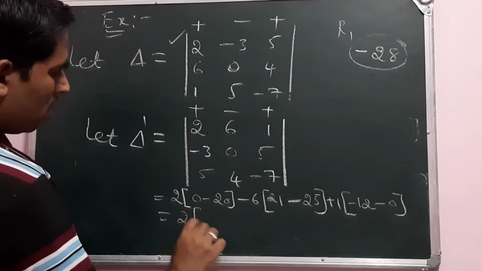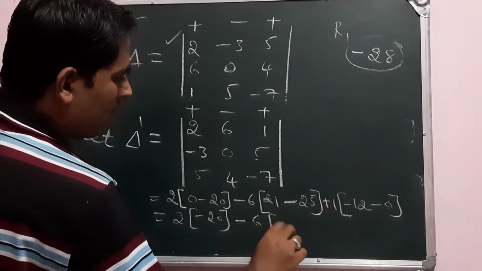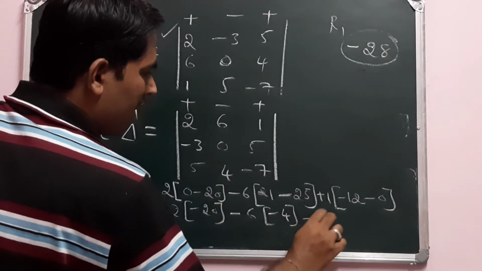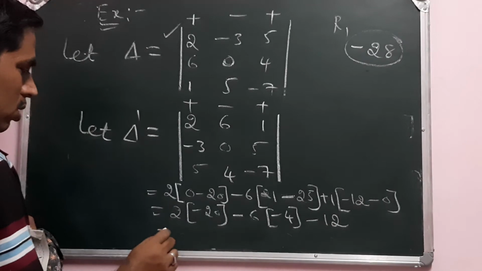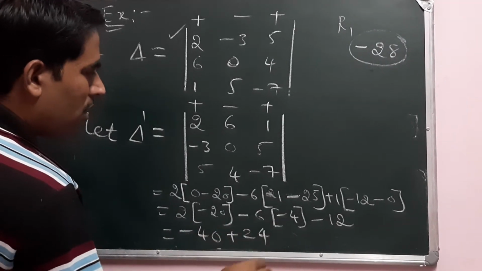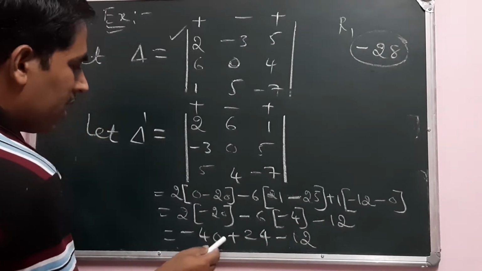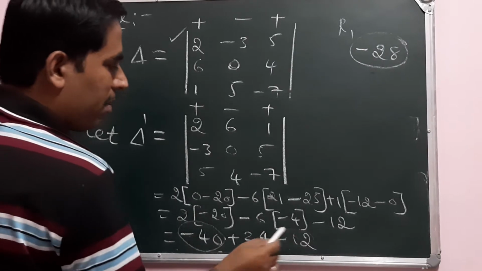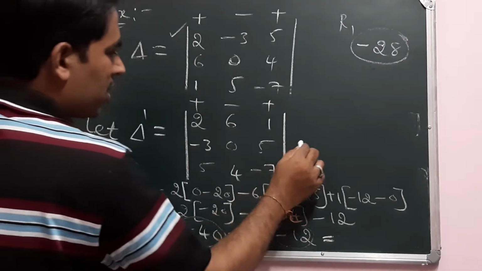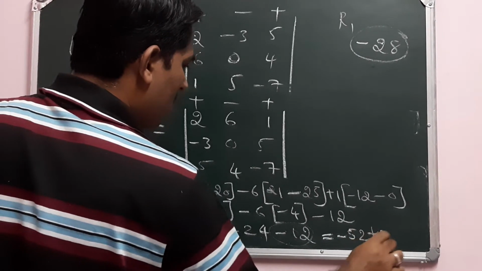2 into 0 minus 20 will be minus 20. Minus 6 into 21 minus 25 will be minus 4. Then plus 1 into minus 12, that is minus 12. So it will be minus 40, minus into minus plus 24, minus 12. Let us simplify this. Minus 40 minus 12 plus 24: minus 40 minus 12 will be minus 52 plus 24.